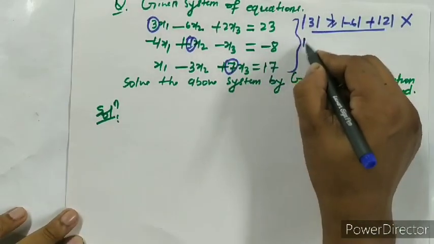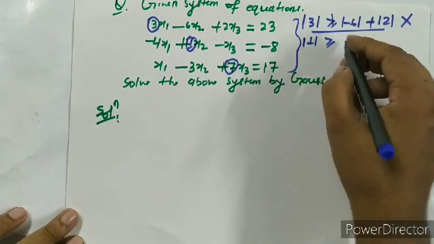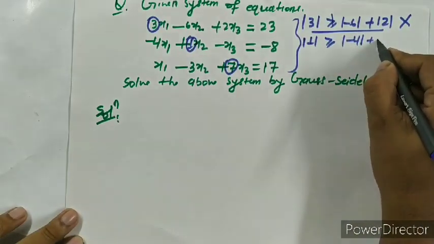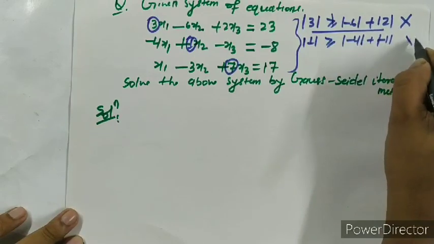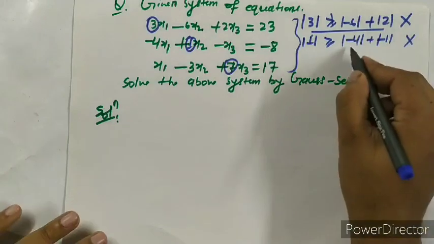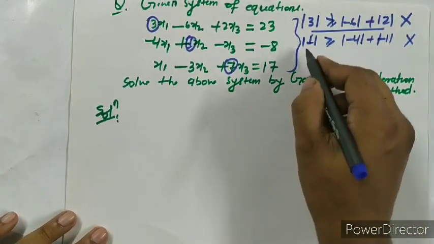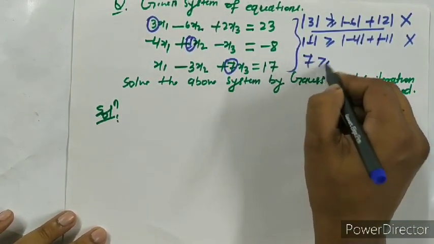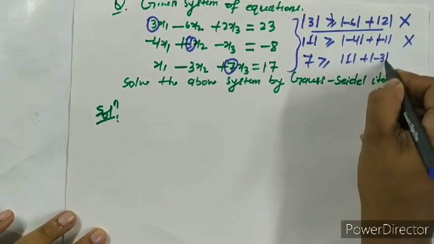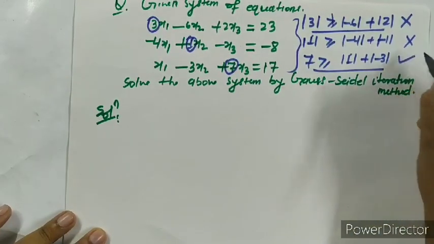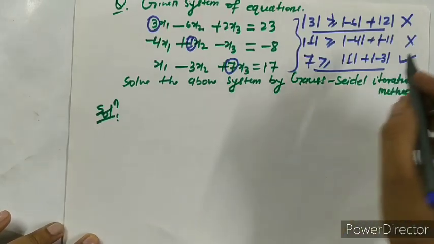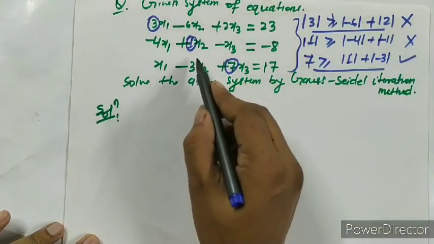Similarly, magnitude value of 1 is greater equal to -4 plus -1. Is it okay? No. Is it clear? 1 is not greater equal to 5. Very simple. Similarly, 7 is greater equal to 1 plus magnitude value of -3. It is obvious, it is greater equal to 7. Okay, that means it is not diagonally dominant.